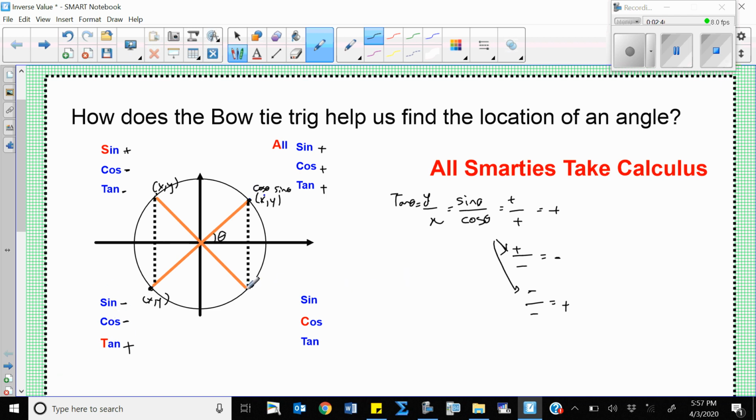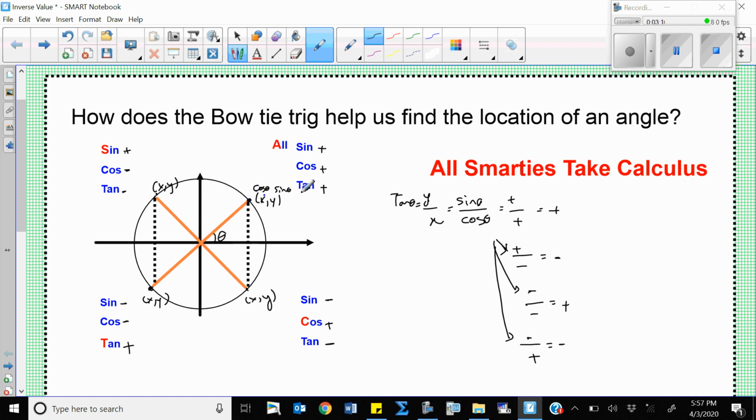On the fourth quadrant, x is a positive value, but y is negative. That means cosine is positive, but sine is negative. And then the tangent will be negative divided by positive, so it's a negative value. So this is how we can say the sign of trig values on different quadrants.